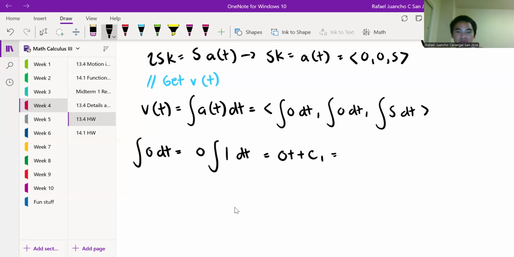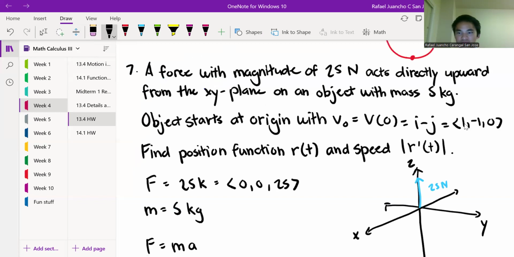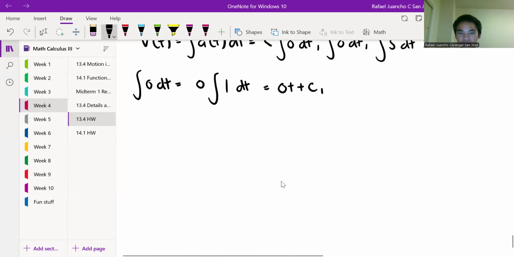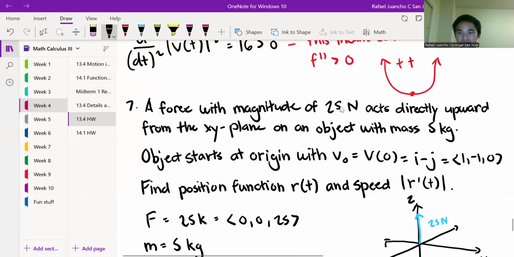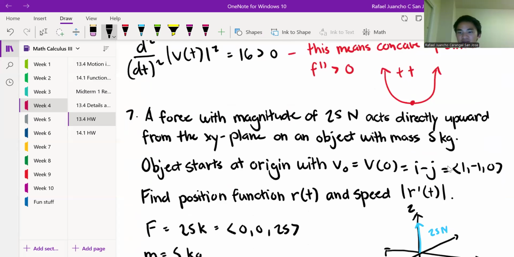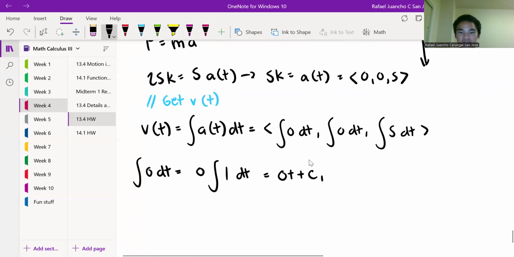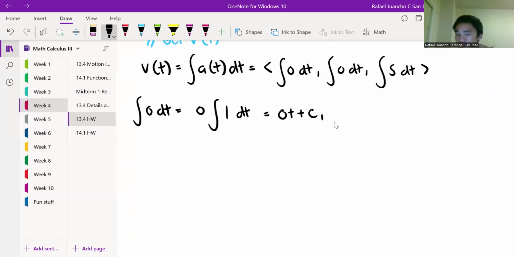And this is apparently supposed to be, I don't know what it is. Because this is weird, because it says here it's 1. So honestly, if I plug in a 0, I'd still get C1 is equal to 1. So I'd actually get some constant value here. And then let's try the other one.